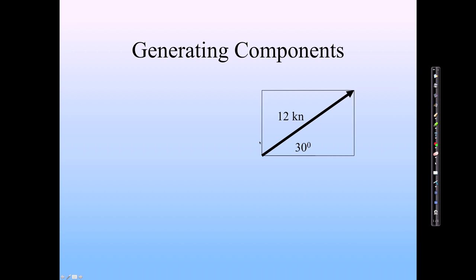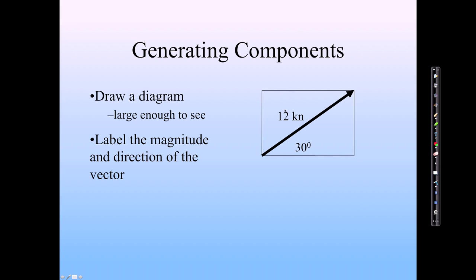When we're generating components, the first thing you want to do is draw a diagram of the vector in question and label the magnitude of the vector and its direction.